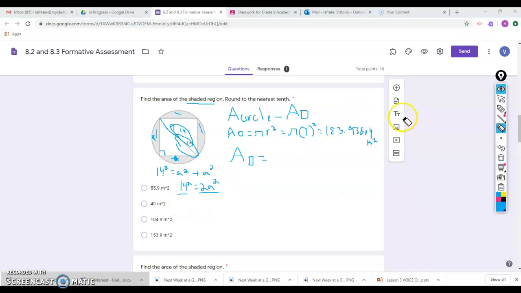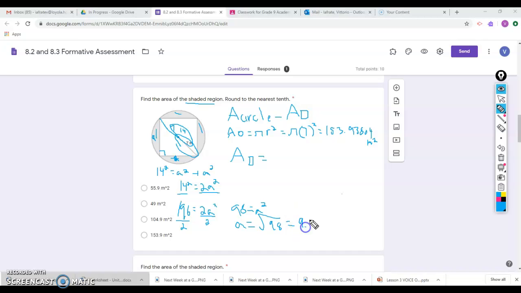First I'm going to get an answer for 14 squared. That gives us 196, just so it's easier to see how to divide by 2, is equal to 2A squared. Now I'm going to divide by 2, and I get 98 is equal to A squared. The opposite of squaring is to take a square root, so A is equal to the square root of 98. Take the square root of 98, and that gives you about 9.89, and so on.